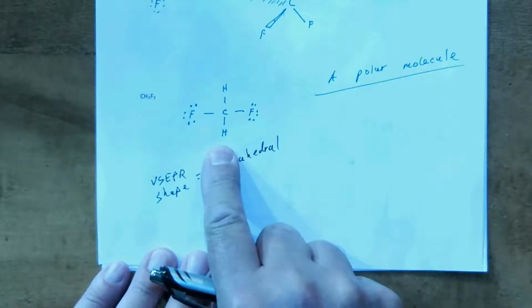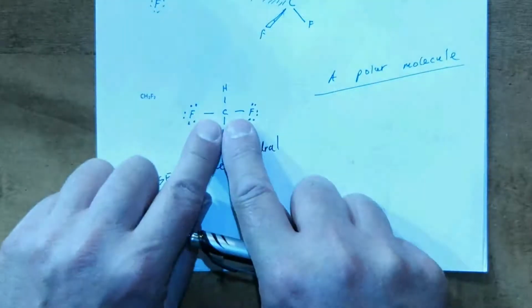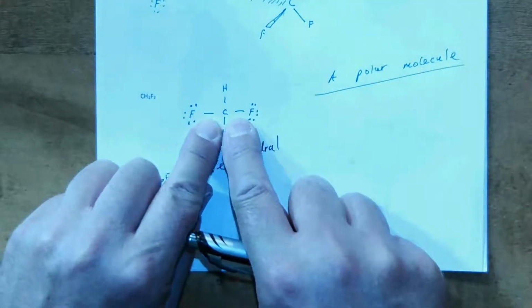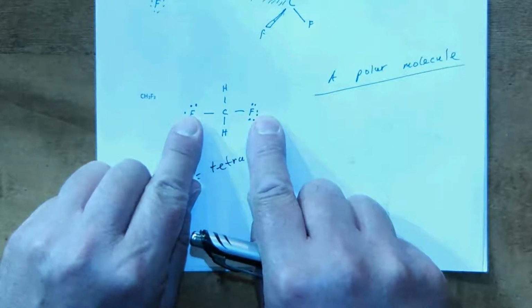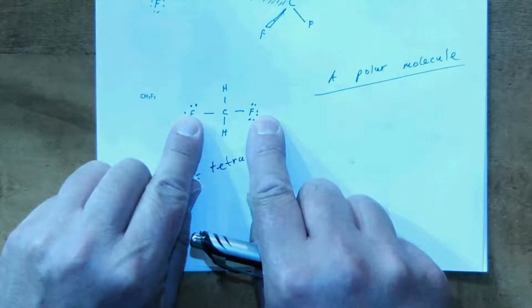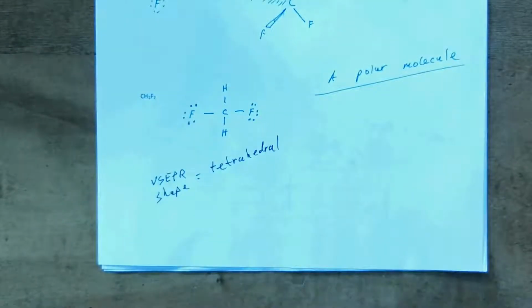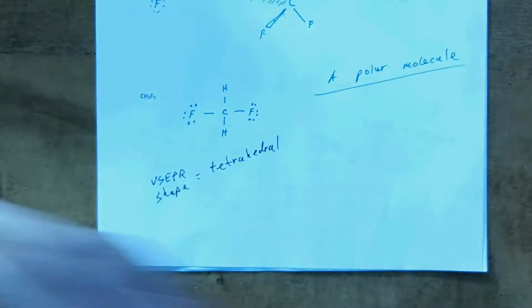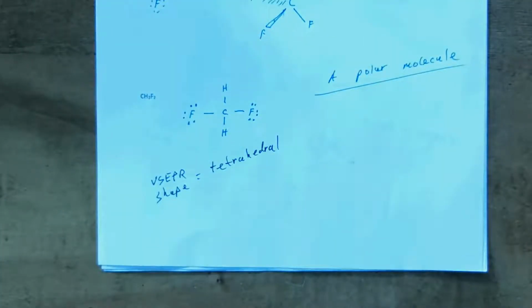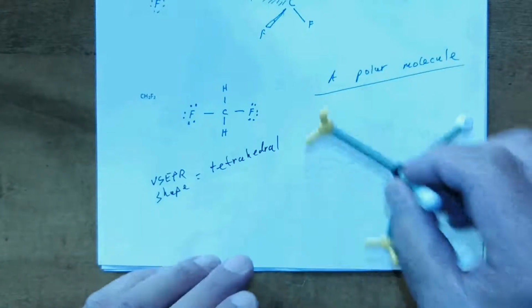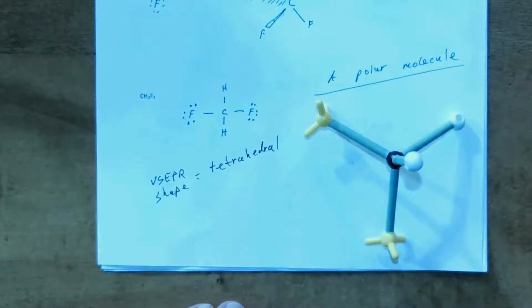The Lewis structure is drawn on a flat surface, so it's easy to draw the Lewis structure and make it look like these two things will cancel, but it's not flat. It's tetrahedral. So, if we build that thing, it's going to look more like this. There's my tetrahedral shape.